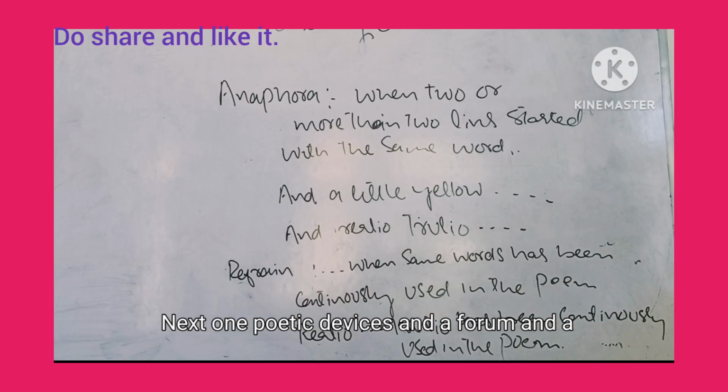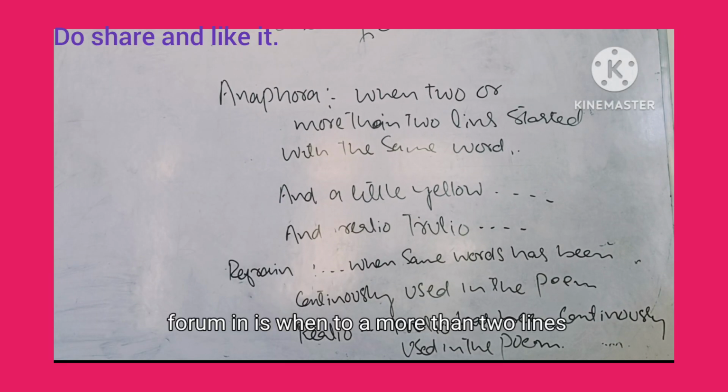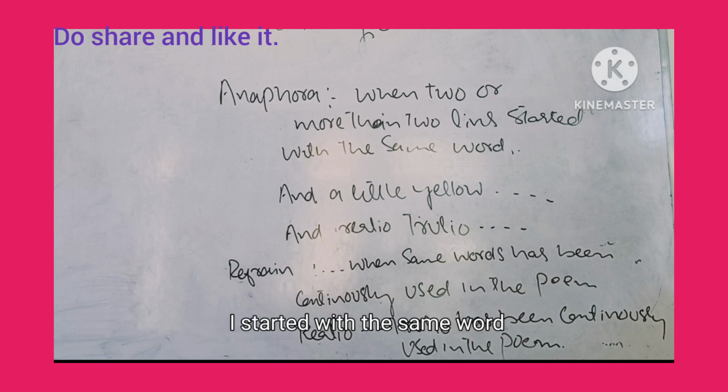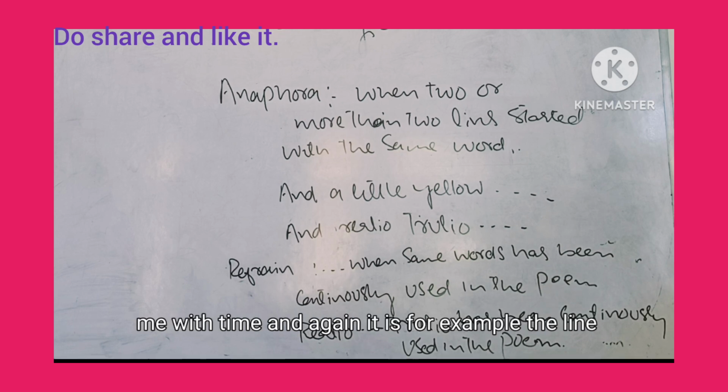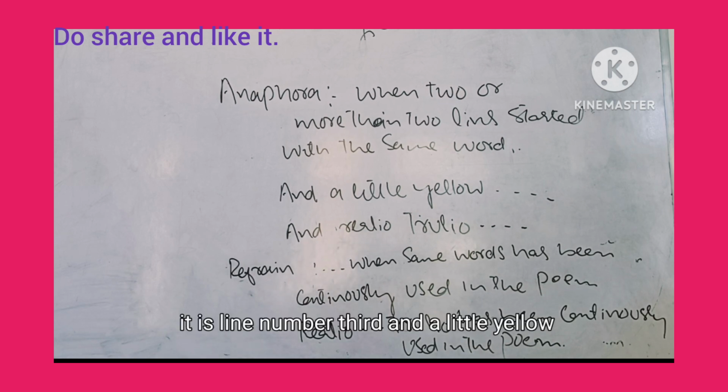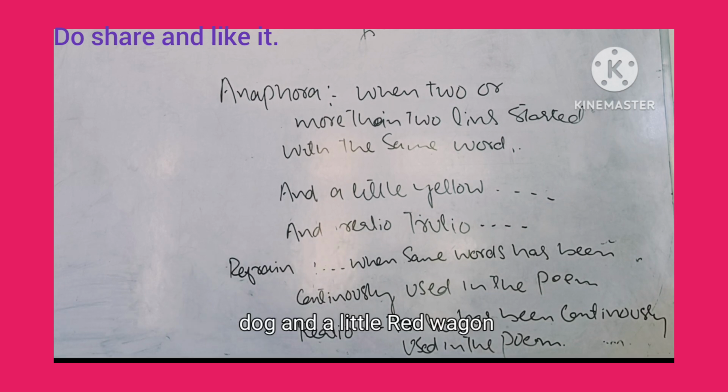The next poetic device is anaphora. Anaphora means when two or more lines start with the same word. In this poem you can see the reference has been used time and again. For example, line number 3: "And a little yellow dog and a little red wagon."